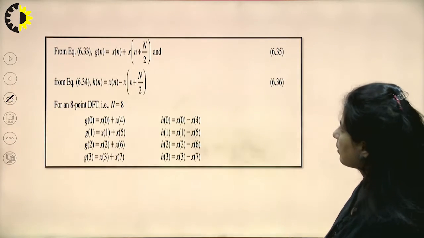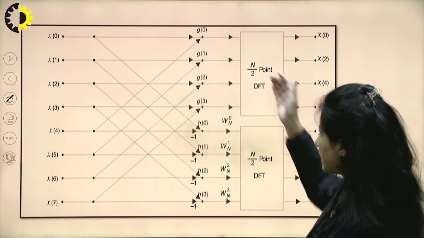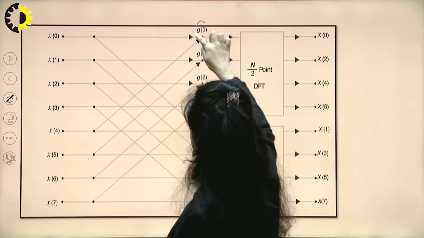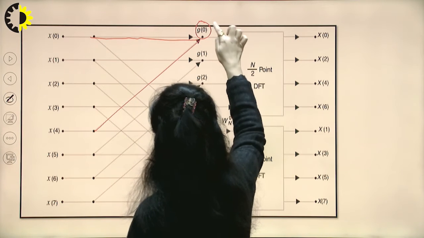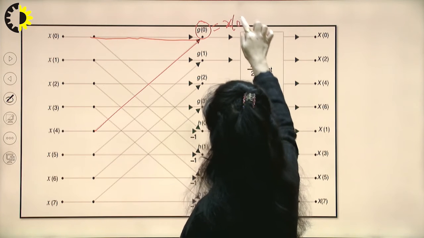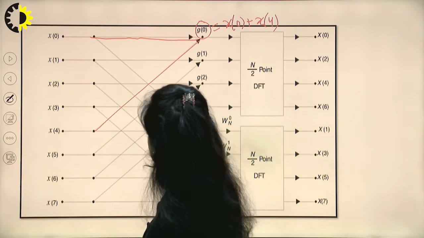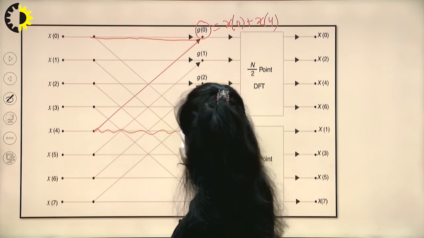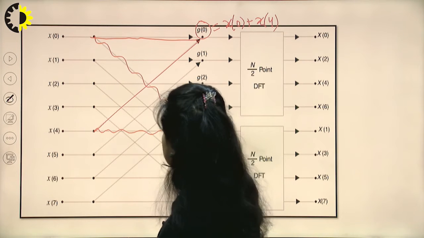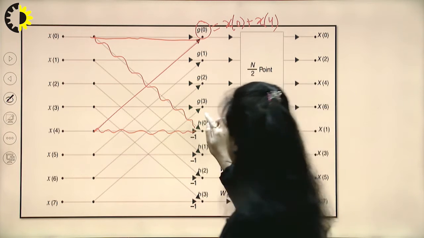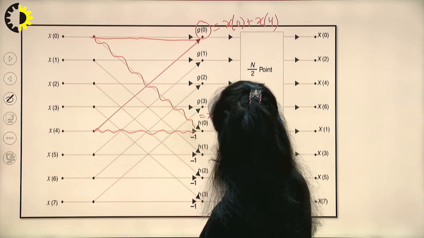So if we see this algorithm in the form of the graphs, in the first stage of decimation, when I am dividing it into N by 2 sequences, this g0 value is x0 and x4 added together, x0 plus x4. But for another part of the sequence, this is x0 and x4 multiplied by minus 1. So this h0 comes out to be x0 minus x of 4.